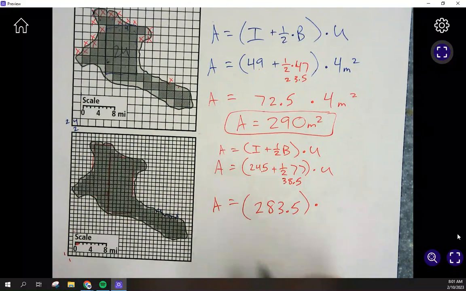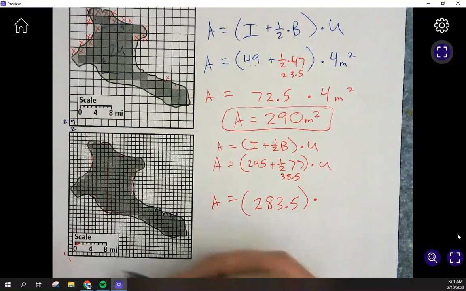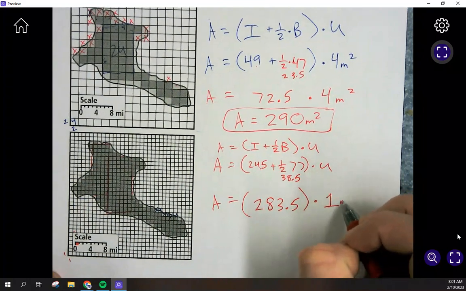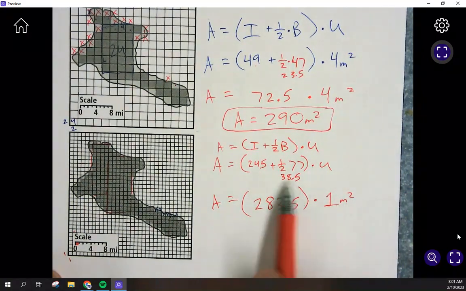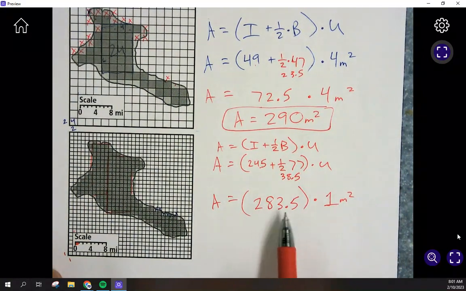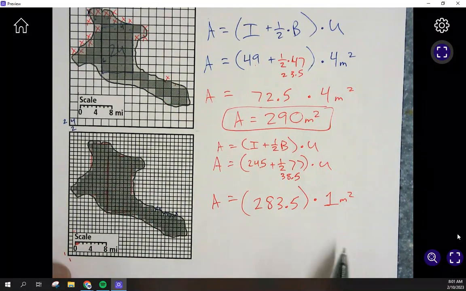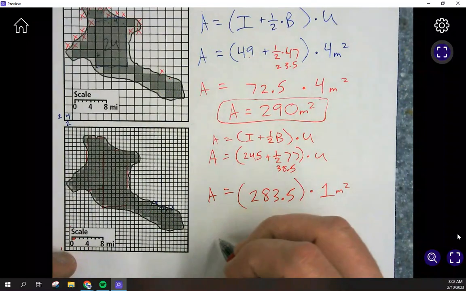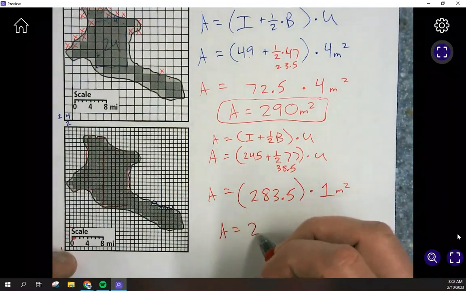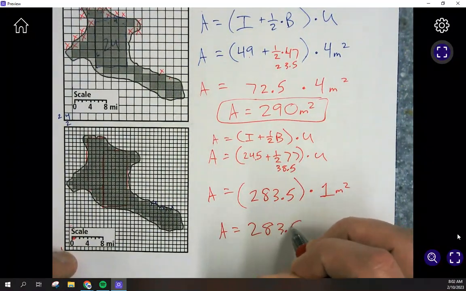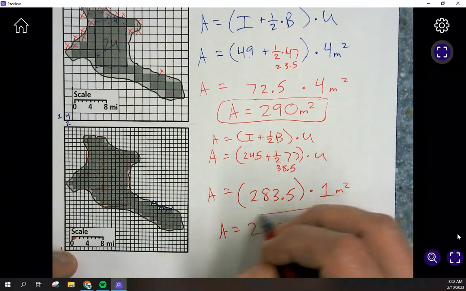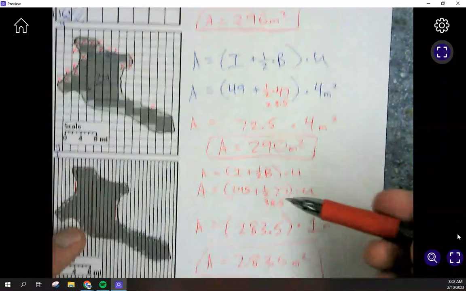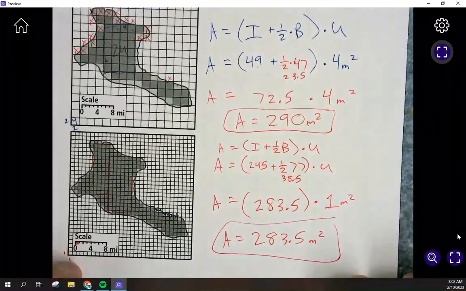So these boxes are 1 by 1. So area is just length times width. 1 times 1 means each one is worth 1 square mile. So I'm estimating that there's 283.5 boxes that include the island. Each one's just worth 1 square mile. So when I multiply that, my final answer for the island is 283.5 square miles, which again, you'll notice is a little bit smaller and a little bit closer to the exact number.